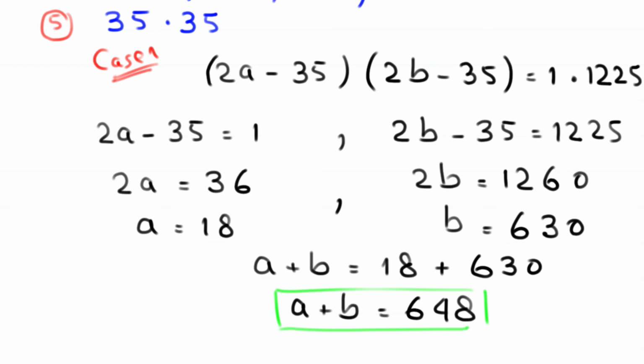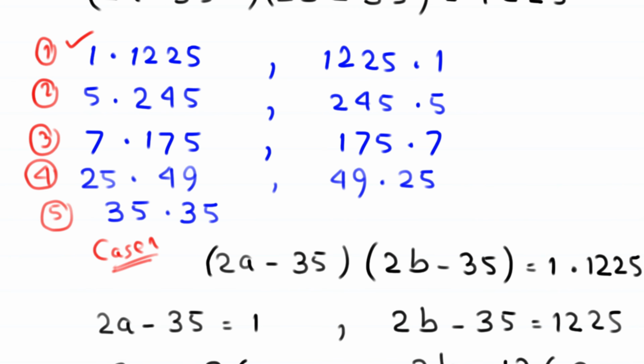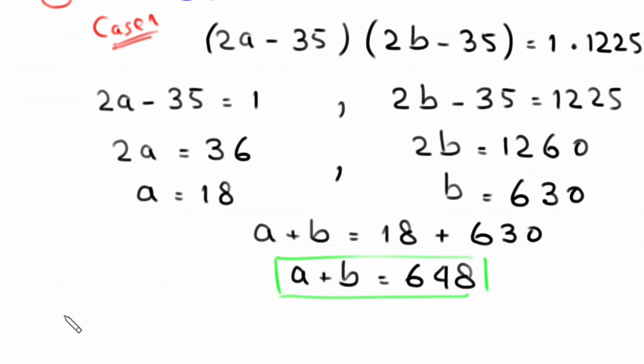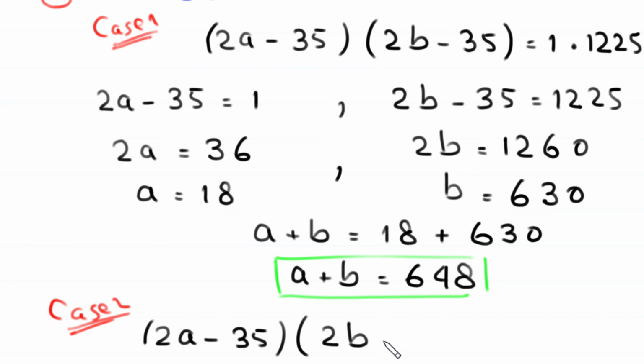Now we solve the second case, 5 times 245. In case number 2, we write these factors: 2a minus 35 times 2b minus 35 equal to 5 times 245.